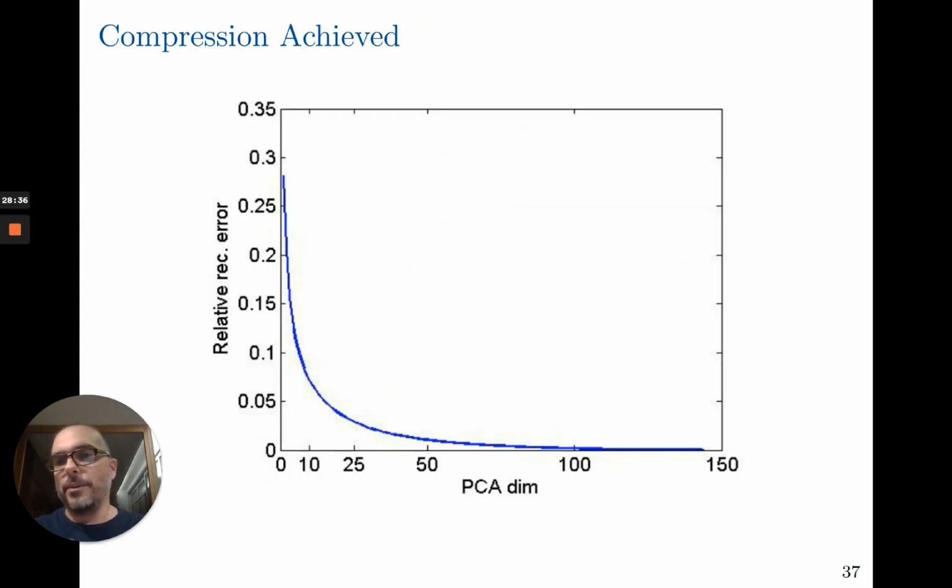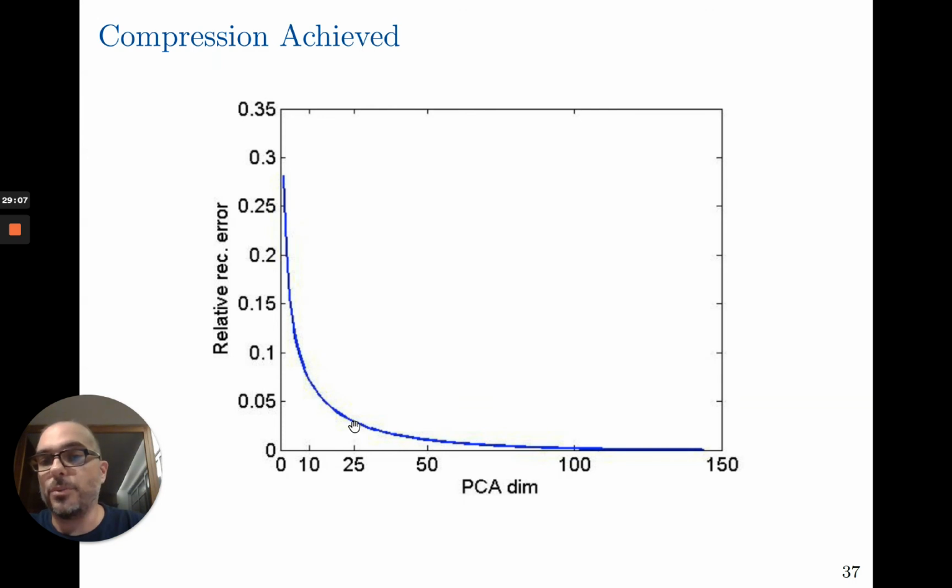And if you look at the recovery error, comparing with the original picture, we see that the error is quite high if you have just one principal component, but around 50 it's already a very, very small error. And of course it converges to 0 if we go back to 144, but there's a huge compression.